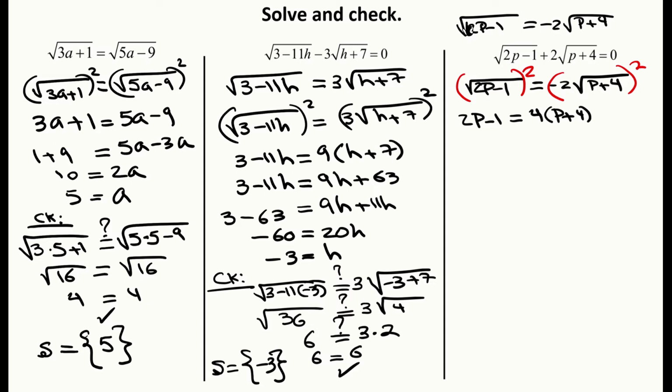Now we know that the square root of 2p minus 1 is going to be non-negative, and we know that this needs to be non-negative. So we're trying to find a situation where a non-negative number equals negative 2 times another non-negative number, and you know that's impossible. So the only possible solution may be 0.